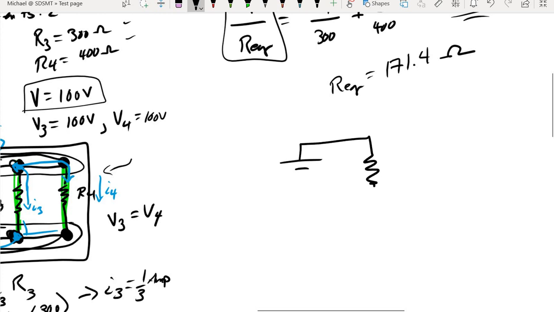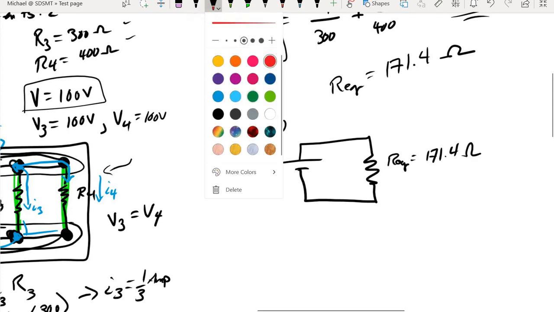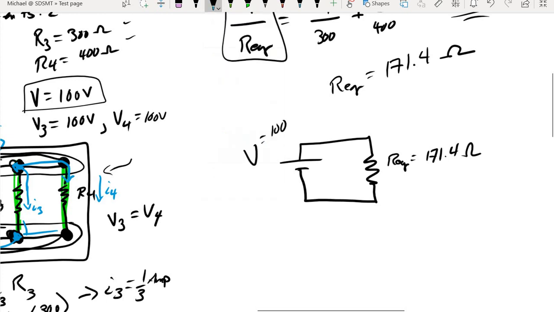But let's go ahead and hook it up to the battery. Remember, our battery was 100 volts. We now have an equivalent resistance of 171.4 ohms. That is going to draw some current from the battery. That will be our total current.